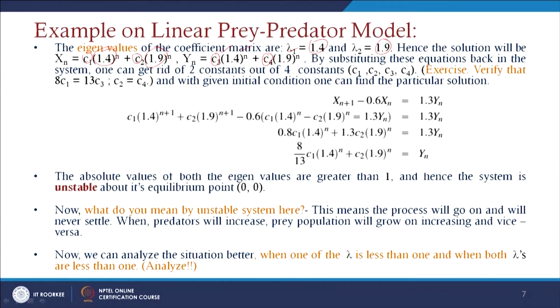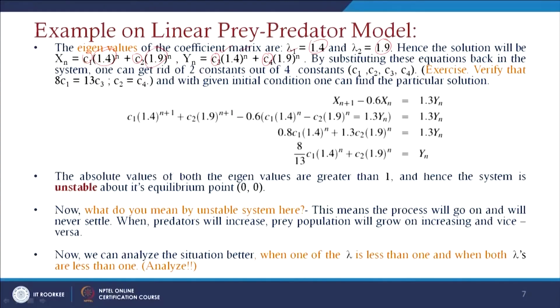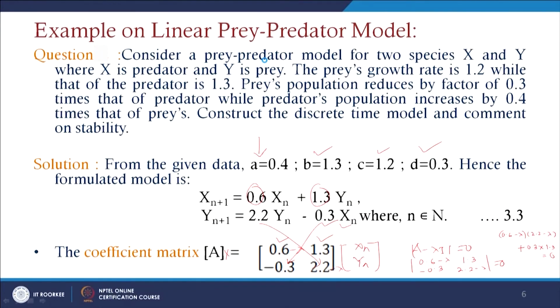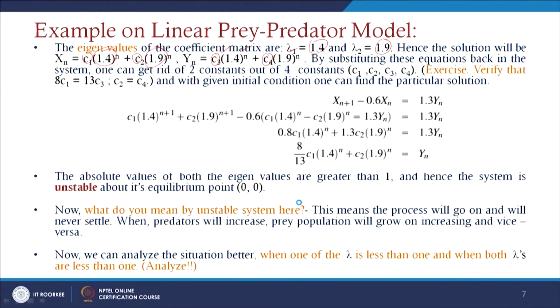So, if you go for the solution in a successive iteration form, we can write this equation as x_{n+1} equals 0.6 x_n plus 1.3 y_n. So we can write this modified form of the y_n term as x_{n+1} minus 0.6 x_n equals 1.3 y_n here, and in x_n, if you replace this as x_{n+1}, it can be written as C1 (1.4) to the power n plus 1 plus C2 (1.9) to the power n plus 1.